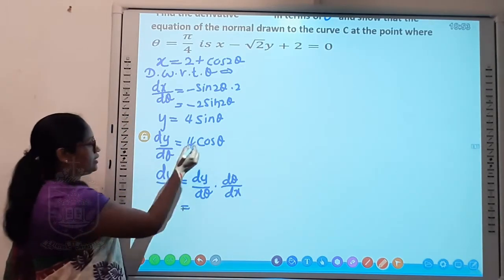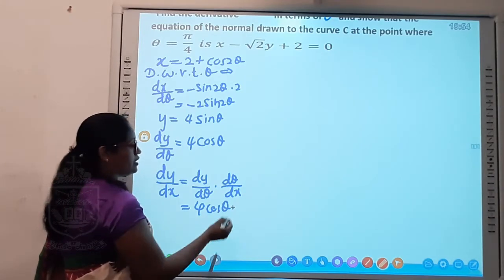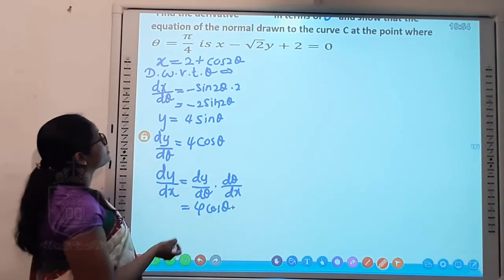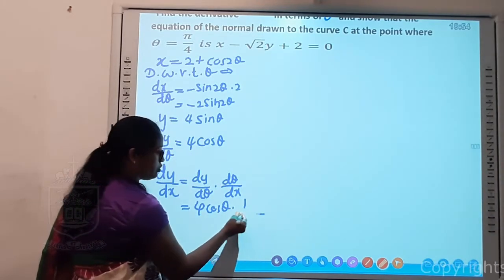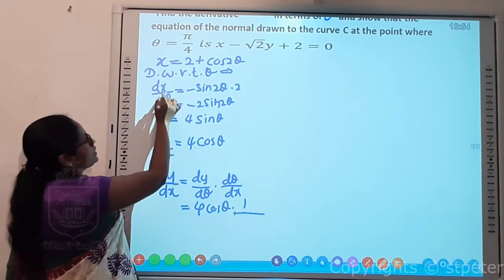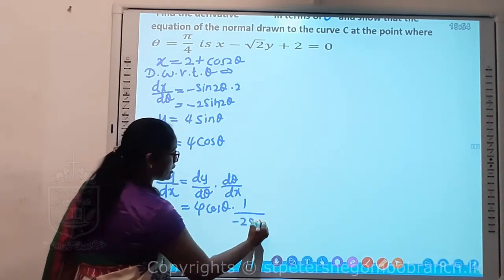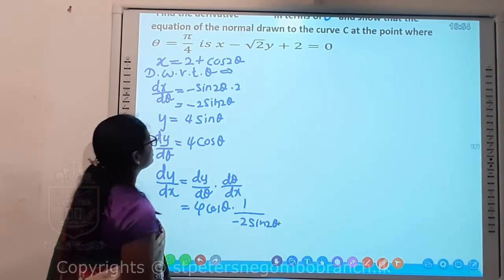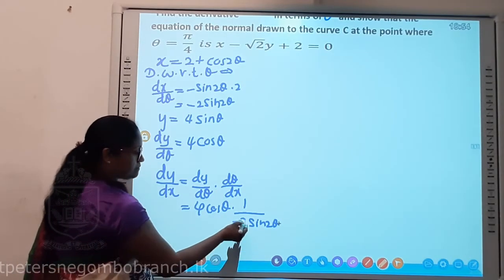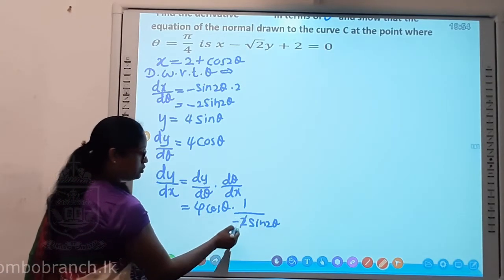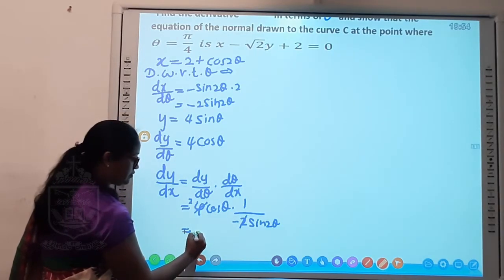So dy over d theta, that means 4 cos theta, times, here we found dx over d theta, therefore we take the reciprocal, that is 1 over minus 2 sin 2 theta. Now we just simplify this. We can cancel out this 2 with this 4, and I bring the minus to the front.